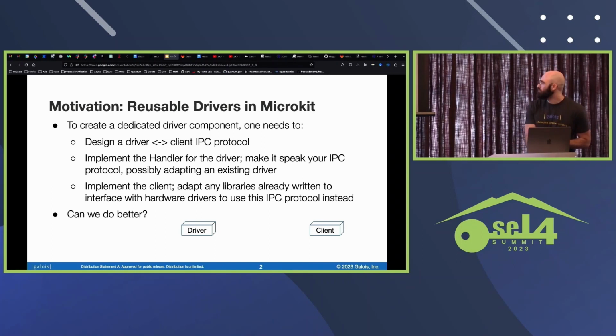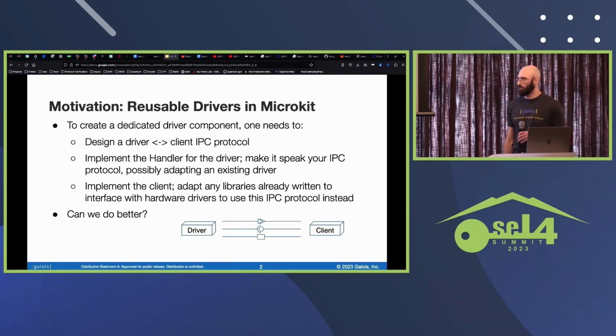Where you would start is, the driver and client need some way of talking to each other, and so you would design a protocol using the protected calls and notifications that I think you saw in one of Nick's slides, or maybe Yvonne's, or both actually, to have some kind of communication between the driver and the client, and also quite possibly you want some shared memory.